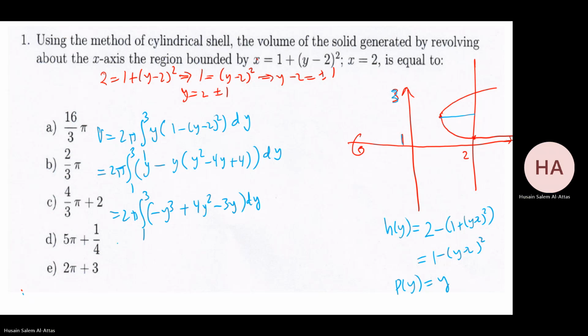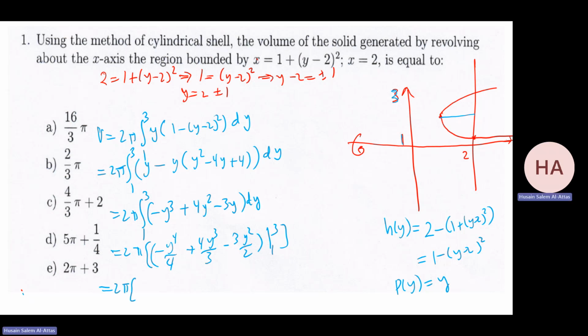Okay, that gives me 2π times minus y to the power 4 over 4 plus 4y cubed over 3 minus 3y squared over 2, from 1 to 3.